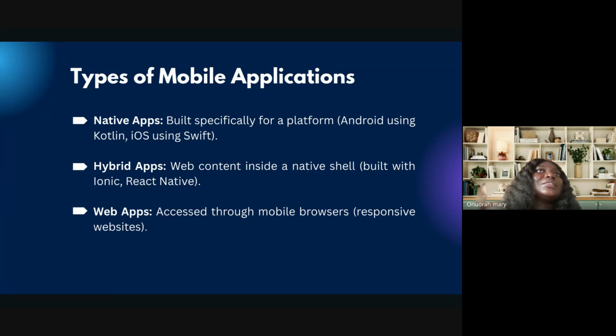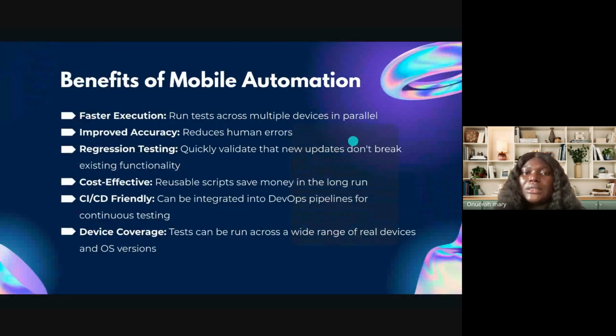They are basically web applications, but you can access them with your mobile phones, with your mobile devices. Some of them can run in in-app mobile browsers like Facebook. So these are the three types of mobile applications that we have.